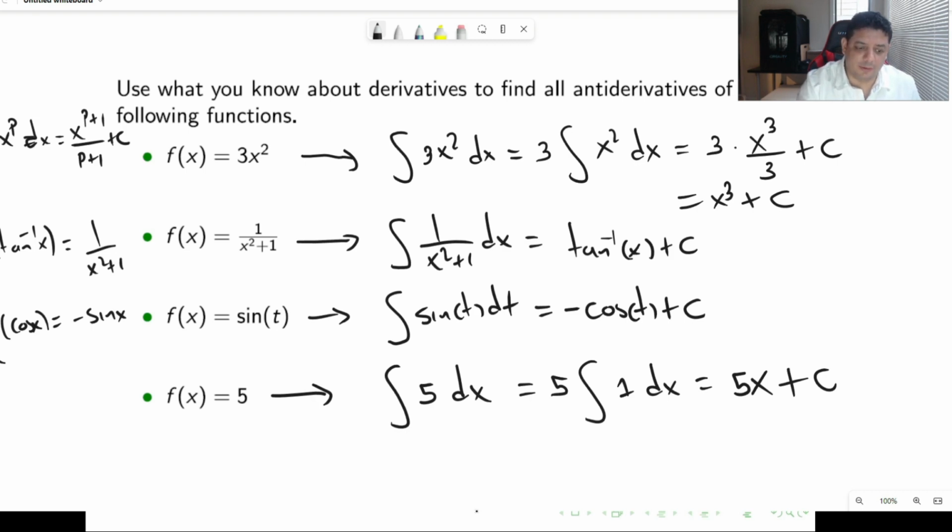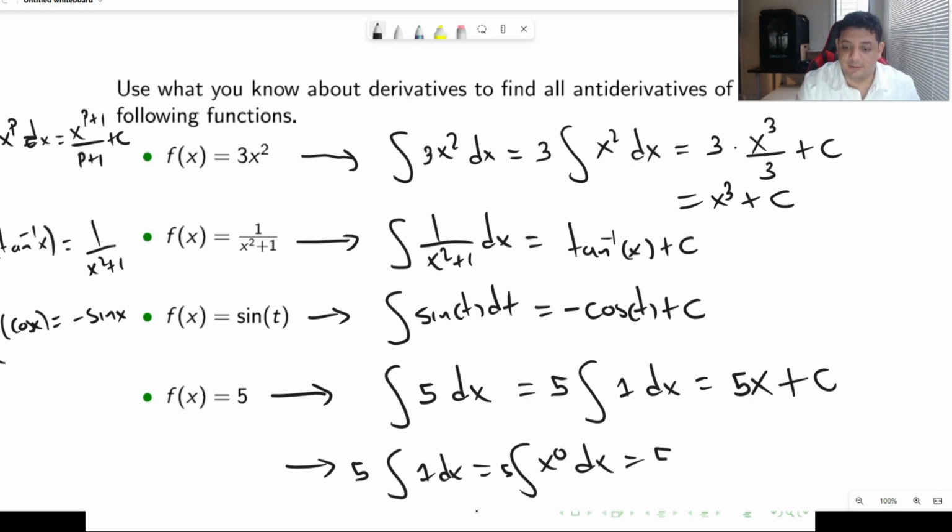But the other way that you can think of this is, if we have 5 times 1 dx, you can think of this as 5x to the 0. And in this way, you can see it as a power. And this is 5x to the 0 plus 1 over 0 plus 1 plus c. And this is just 5x plus c. Okay? Either of those two works.